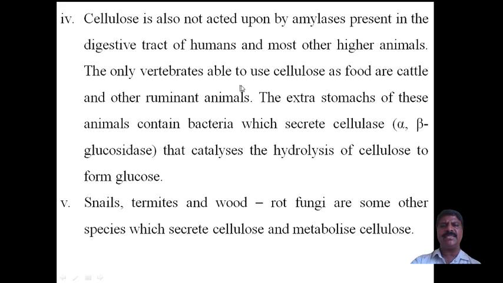The only vertebrates able to use cellulose as a food are cattle and other ruminant animals. They eat grass, which is rich in cellulose, and it undergoes digestion. The stomachs of these animals contain bacteria that secrete cellulase, which catalyzes the hydrolysis of cellulose to form glucose.